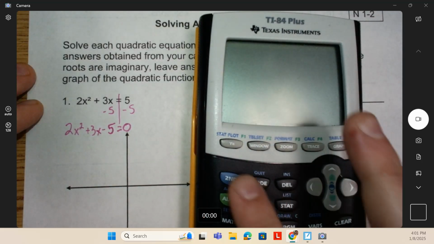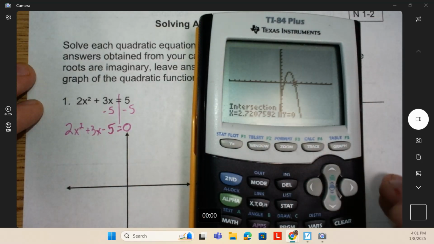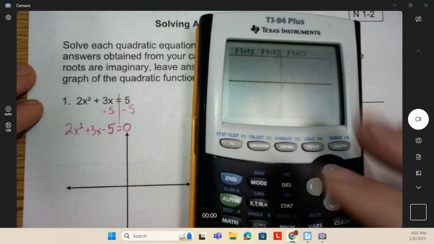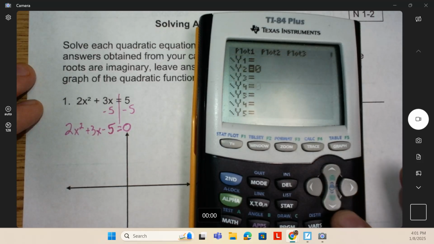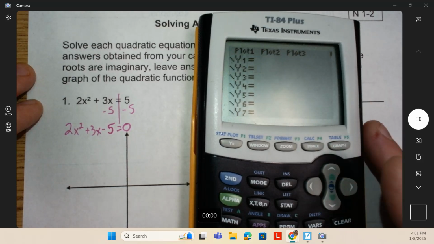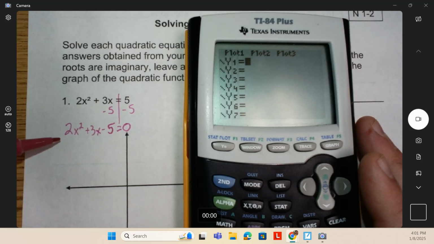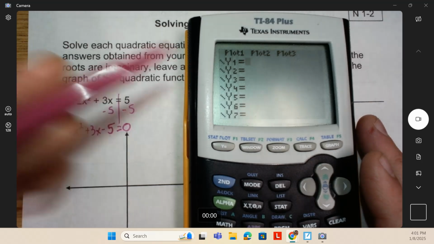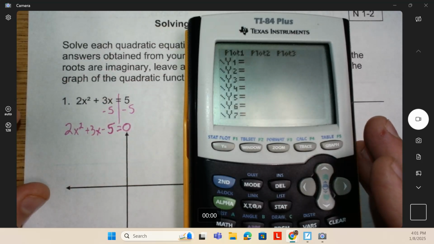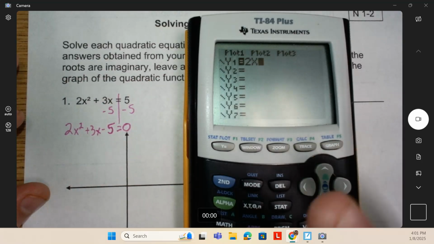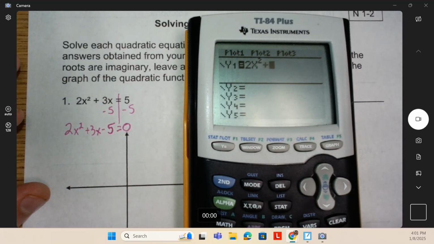So on this, we will go to the y equals, and I'm just going to put this quadratic equation in there. So 2x squared plus 3x minus 5 equals, we've got the y on the other side. So 2x squared plus 3x minus 5.